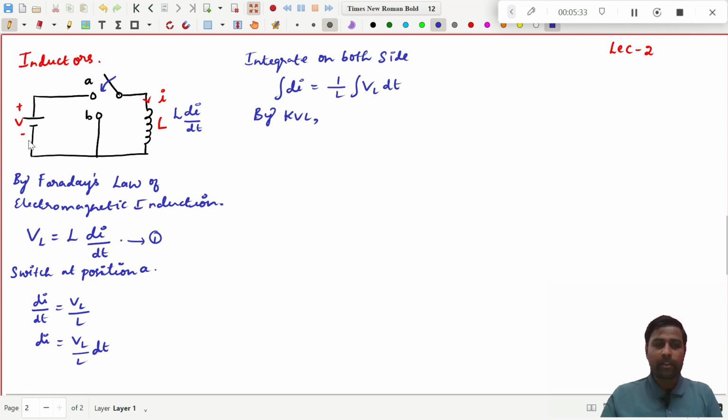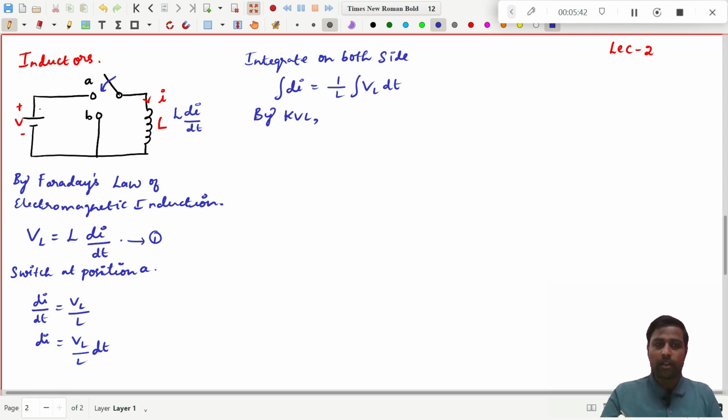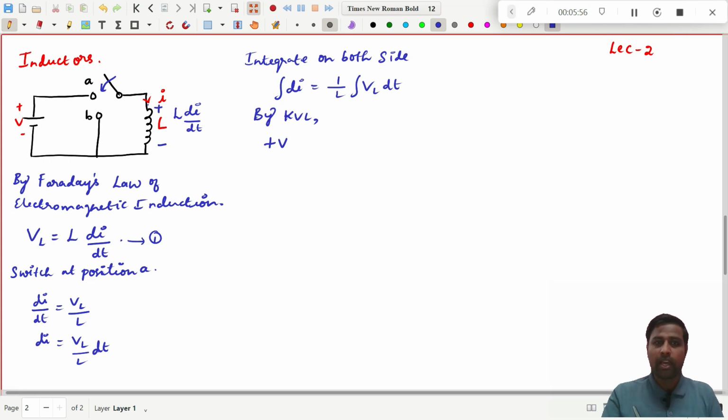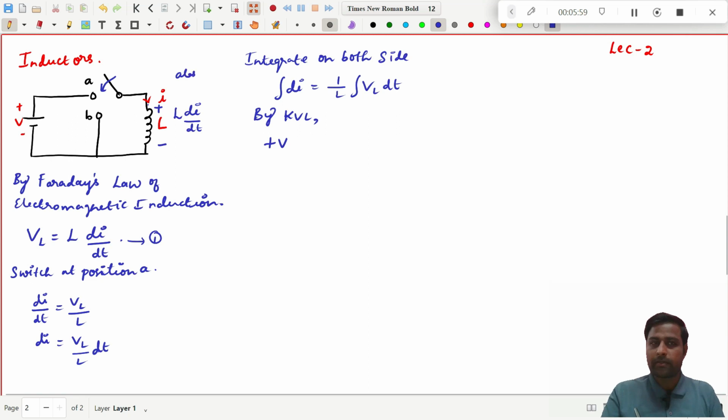Because my current is in this direction, you go from here, crossing from minus to plus, so this becomes plus V. Then you go in the direction of the current through the inductor. Inductors always absorb energy, so the symbol becomes plus here, minus here. You are traveling from plus to minus, and the voltage value is L into di by dt.